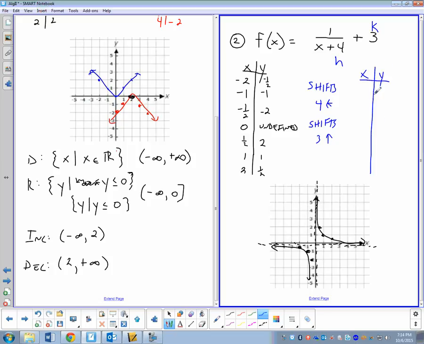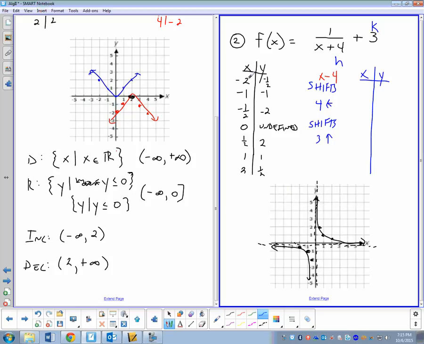So again, we have to think, what does shifting my graph 4 to the left do to these points? Well, if we're talking left and right, that means we're changing the X value. And if we're shifting 4 to the left, does that make these X values 4 bigger or 4 smaller? Going to the left would make them 4 smaller. So I'm going to take each of my X values and subtract 4.